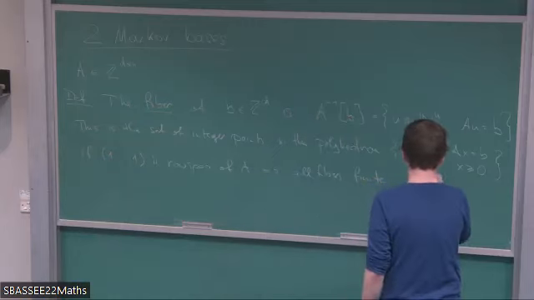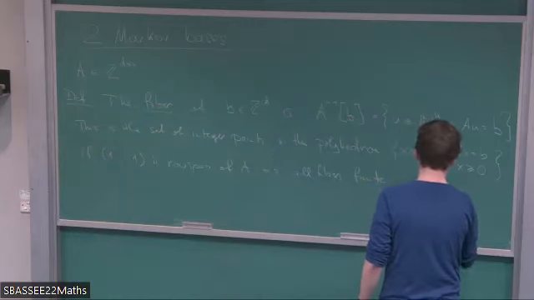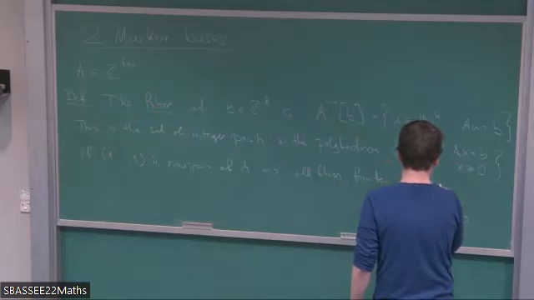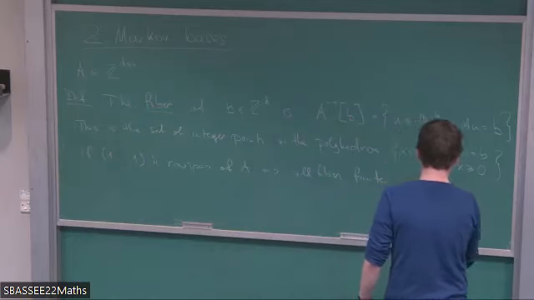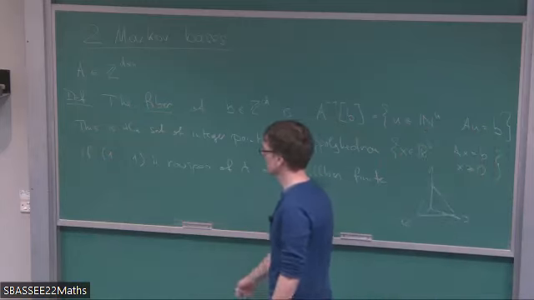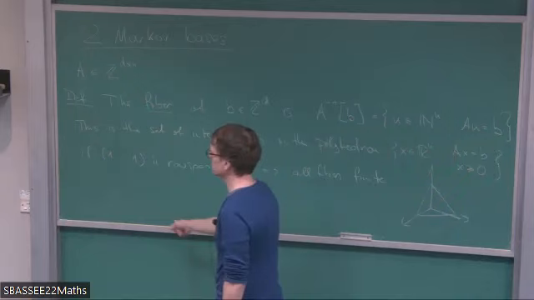And so the picture you could have in mind is a polyhedron that looks like this. And then the all ones vector is orthogonal to that space. And you take the integer points in that set.